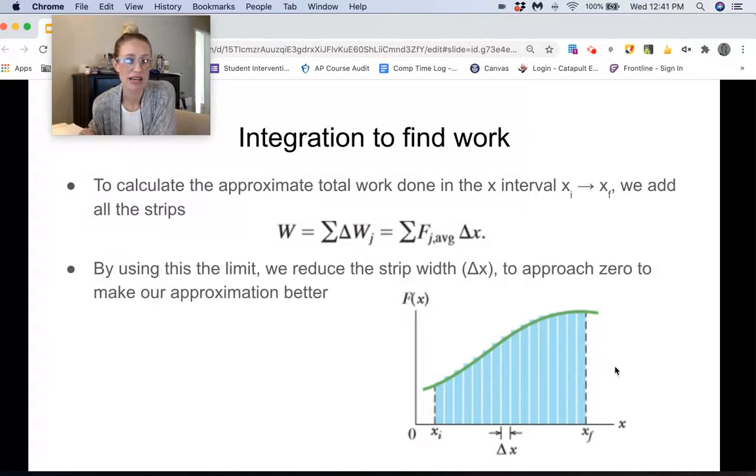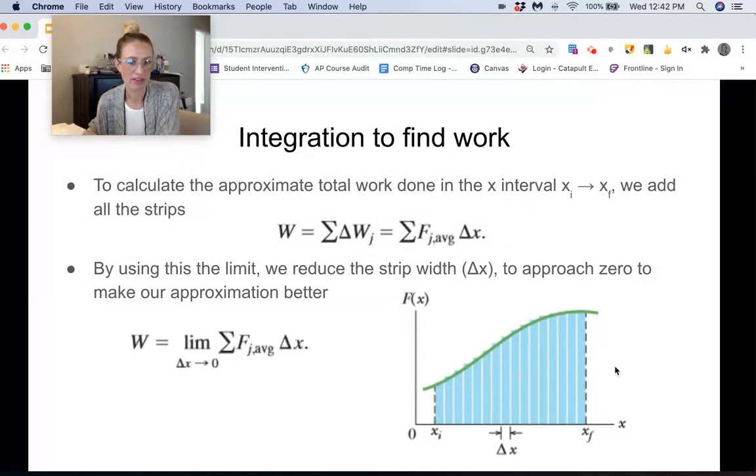Then, using a limit, we reduce the strip width to approach 0 to make our approximation better, because the smaller the width of each strip is, the closer our average force is to the exact force at that specific point, that specific displacement.